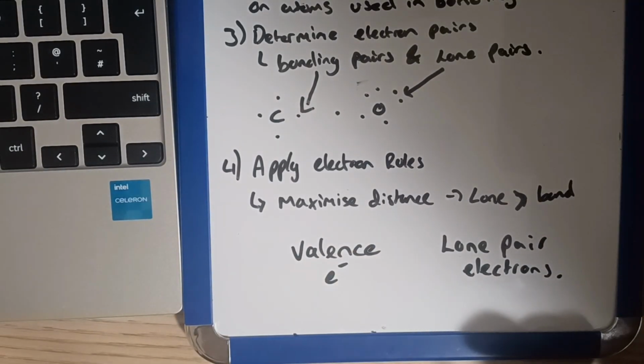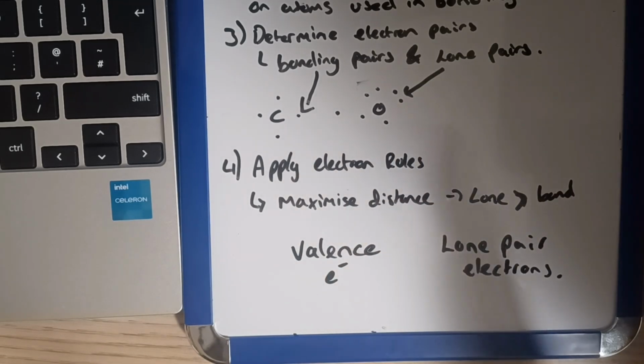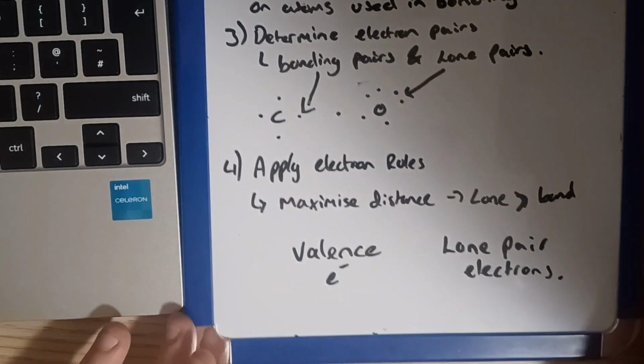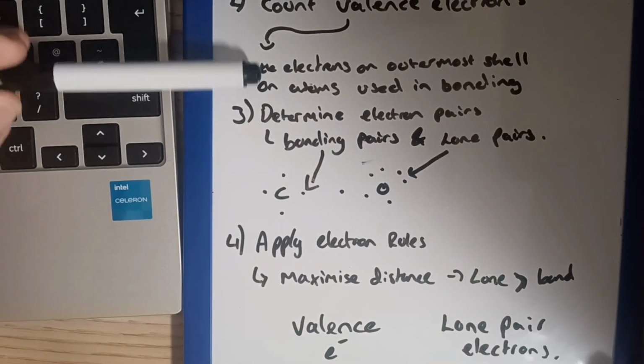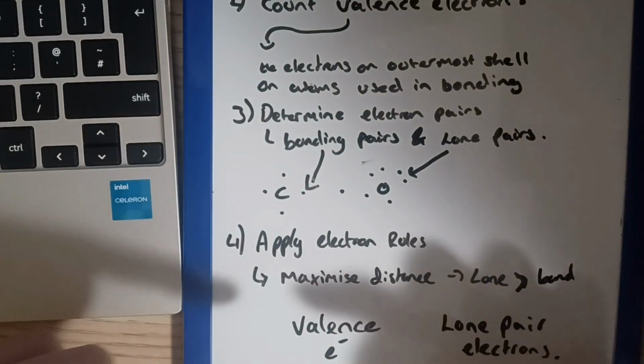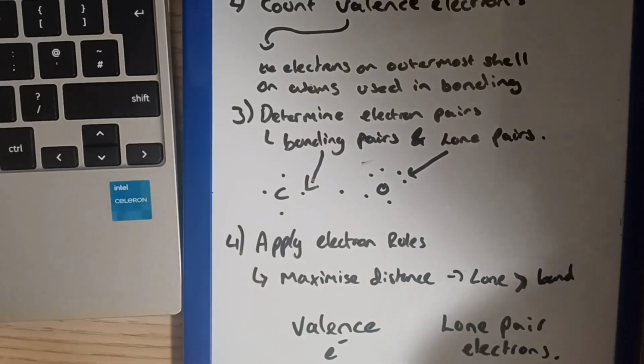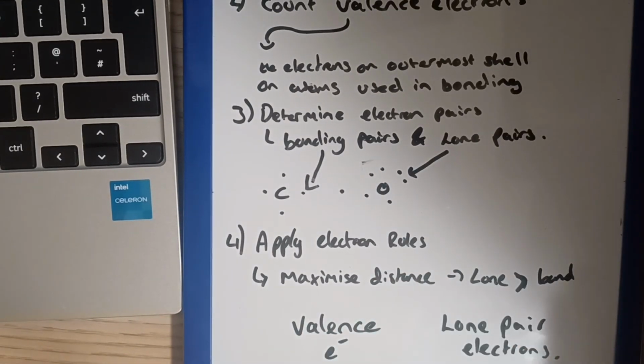Valence electrons are our outermost shell electrons, so all the electrons we find on the outer ring, on our p orbital, say, or our s orbital, wherever you are on the periodic table.